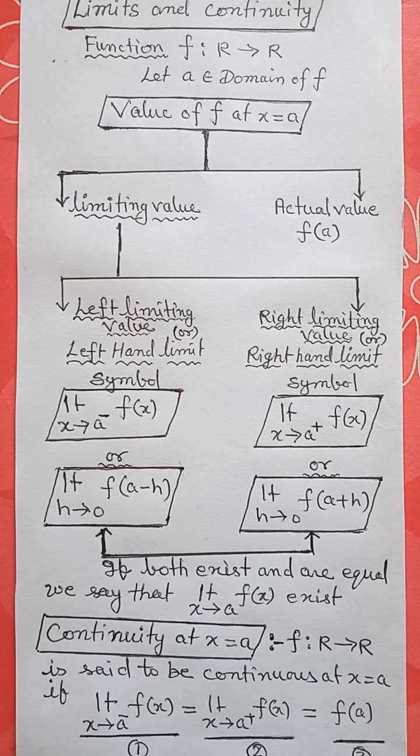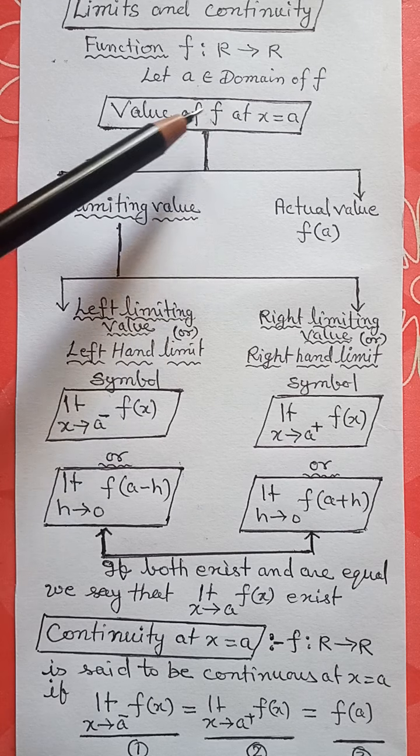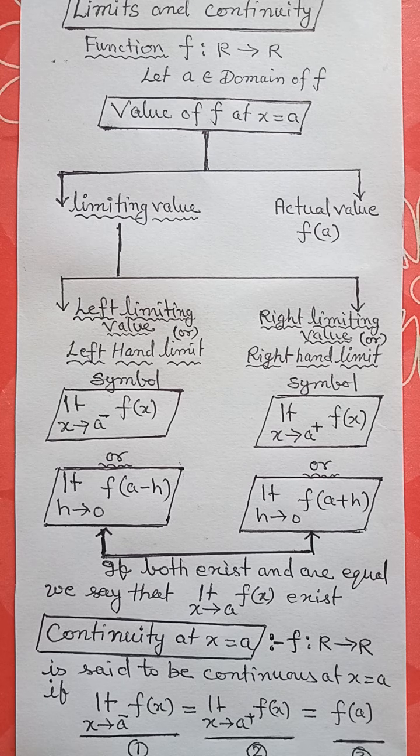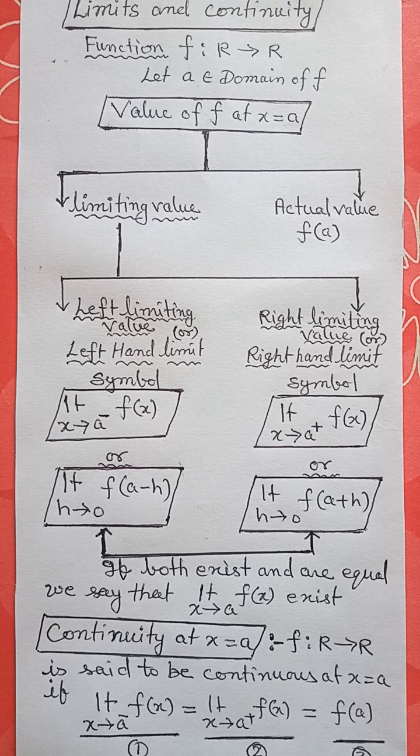Now, for each element of the domain, f has a value, and that value is in fact the image of a under f. Now this value of f at x equal to a is of two categories so far as real functions are concerned.